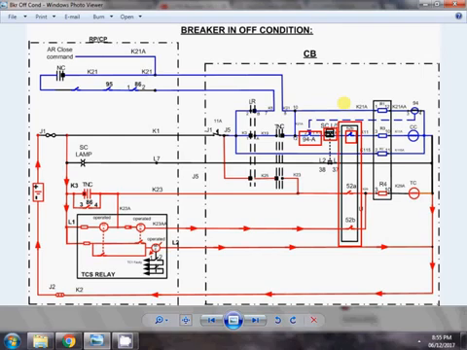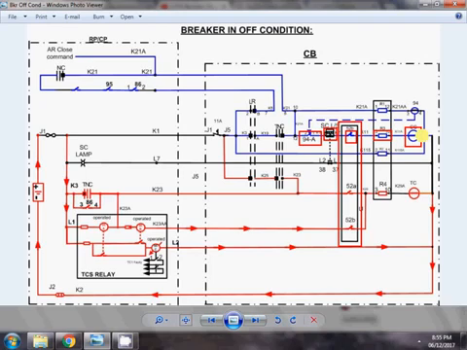So in the off condition we have used a close contact, so that the positive can be extended to the closing coil, and as the breaker gets closed, this contact gets open, so that the current flowing through the closing circuit stops, thereby preventing the closing coil from getting damaged. After that they have used a closing resistance here. Then this is the closing coil to which the positive is extended when the command is given locally or remotely, and continuous negative is given to the closing coil.